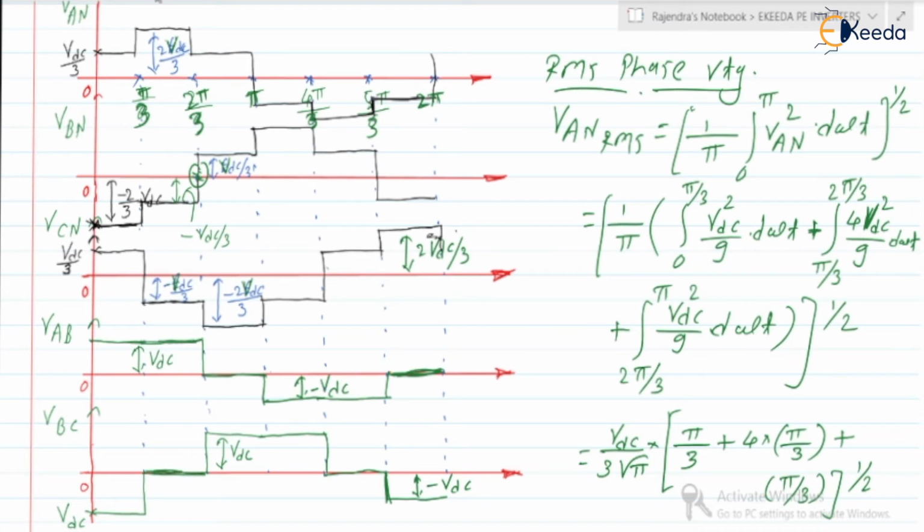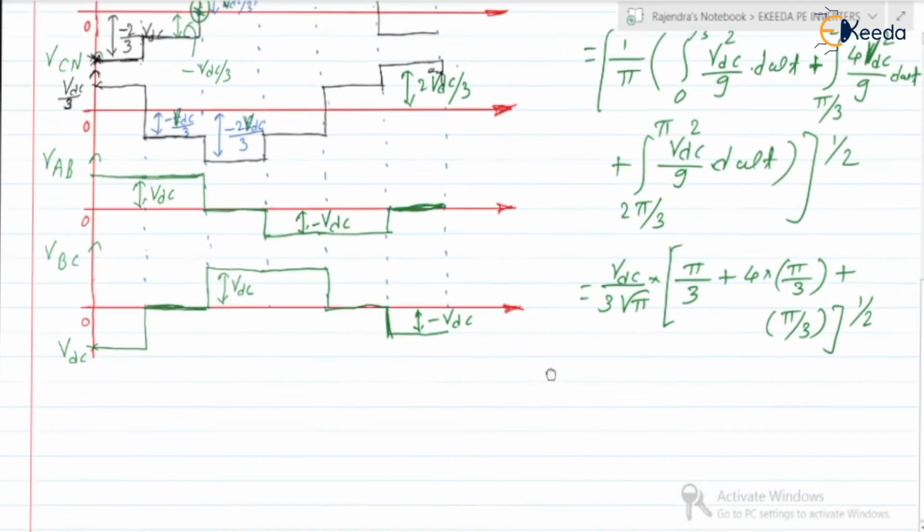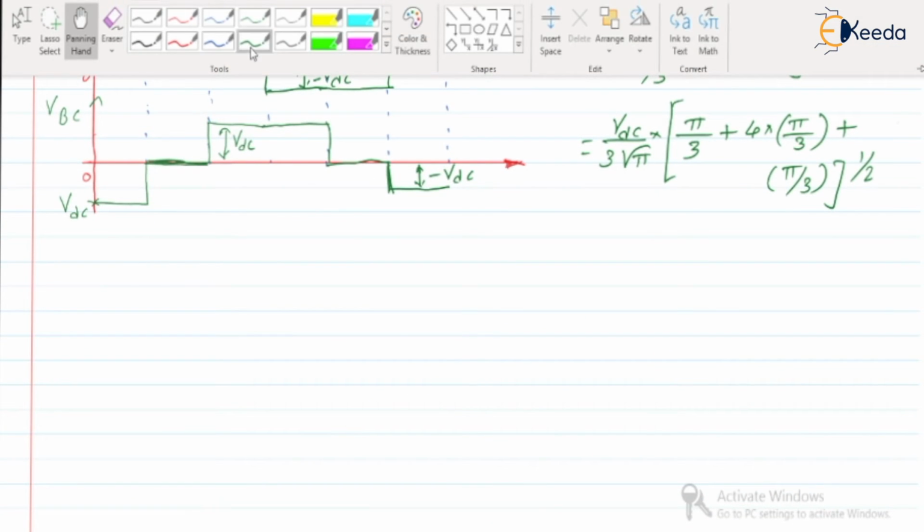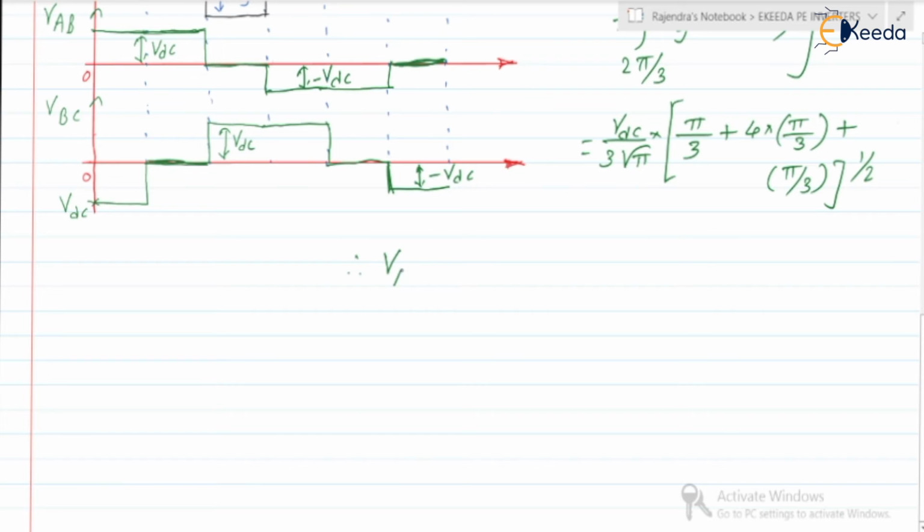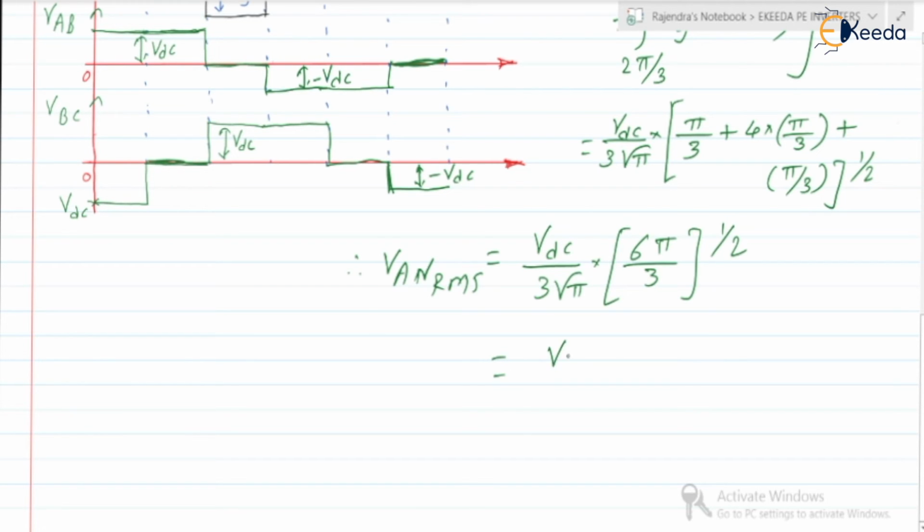Therefore VAN RMS is equal to VDC upon 3 root pi into (pi by 3 plus 4 pi by 3 plus pi by 3, so 6 pi by 3) to the power 1 by 2. It is under root 2 pi, so VDC divided by 3 root pi into under root 2 pi.